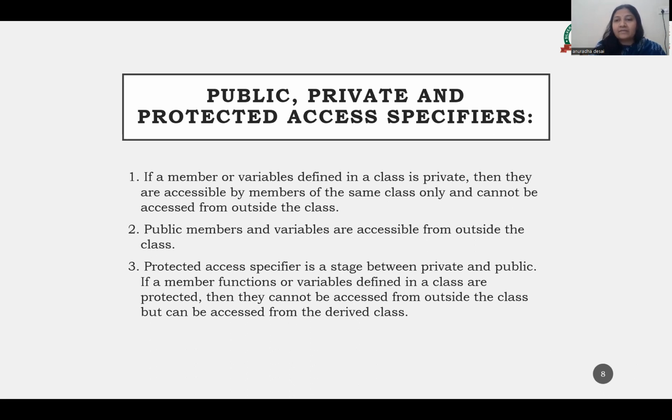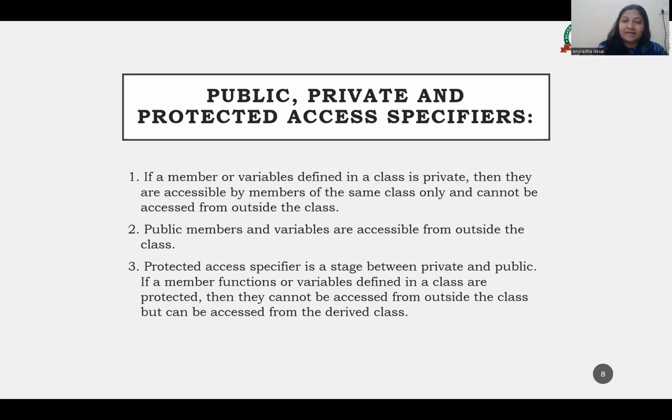So these are the three types of access specifiers we are going to use. Depending on which you put, other classes will be able to access the methods and functions from another class: public, private, and protected.